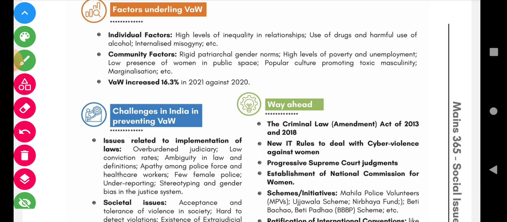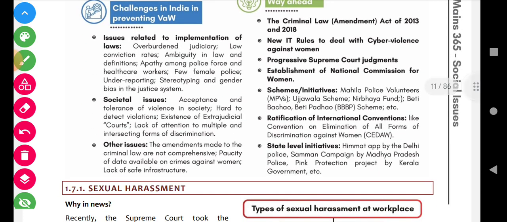So what are the challenges in India preventing violence against women? The first challenge is issues related to implementation of laws. An overburdened judiciary, because of the high number of cases pending from the lower district courts to the High Court as well as the Supreme Court.